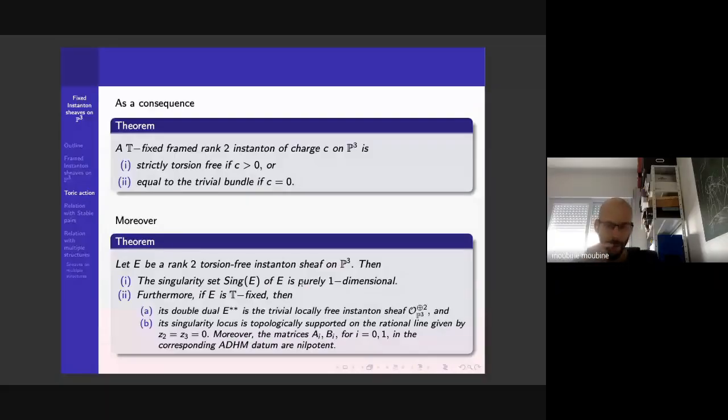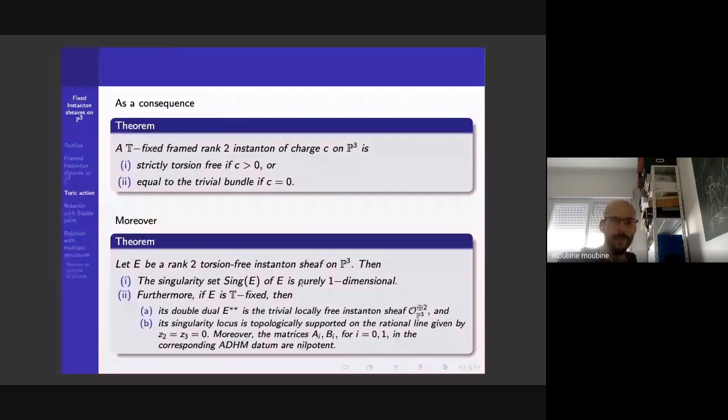Here, my proof was set in the framework of T-fixed instantons, and similar behavior was also proved by me in the case of the blow-up of P3, using some slight generalization of Kashani-Poor, Coskun, Genc, and Malaspina's definition of instanton bundles there.